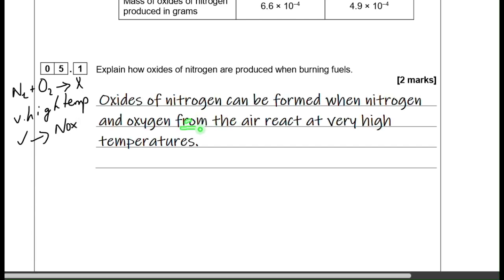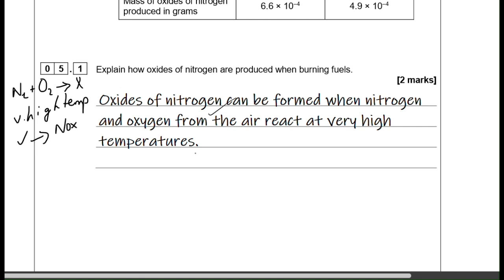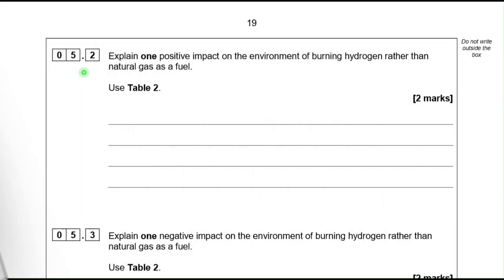To get 2 marks, we must write in the space provided: oxides of nitrogen can be formed when nitrogen and oxygen from the air react at very high temperatures. We're getting 1 mark for the nitrogen and oxygen from the air and 1 mark for very high temperatures. 2 marks.